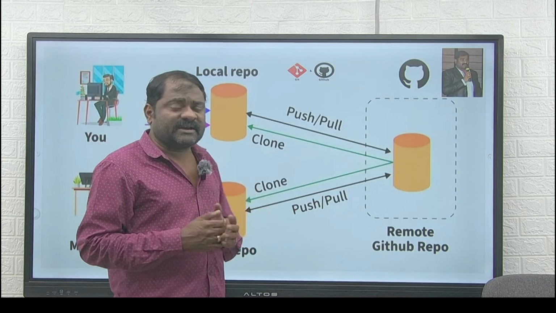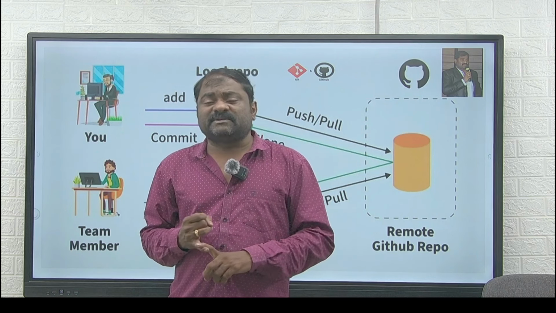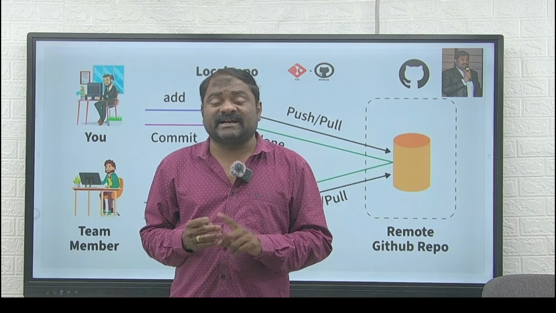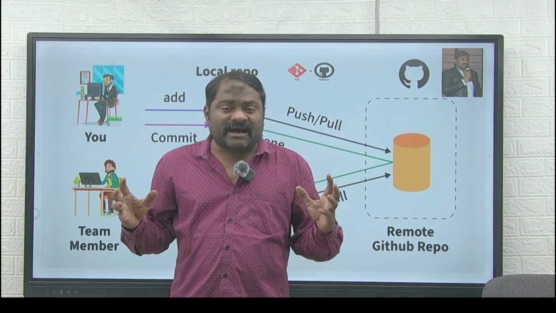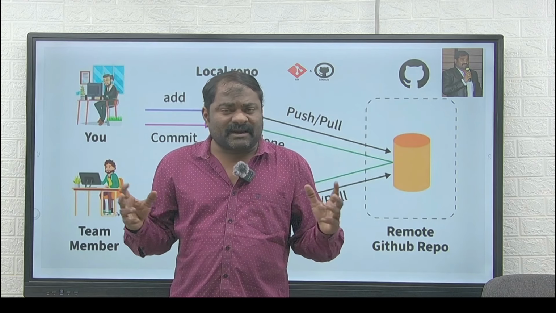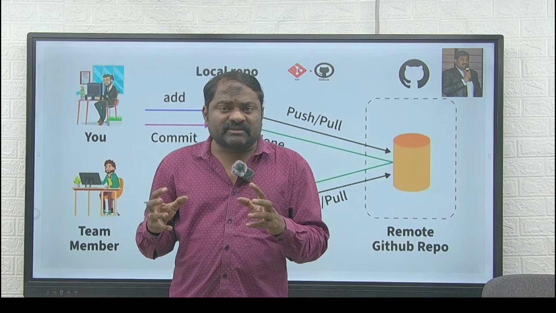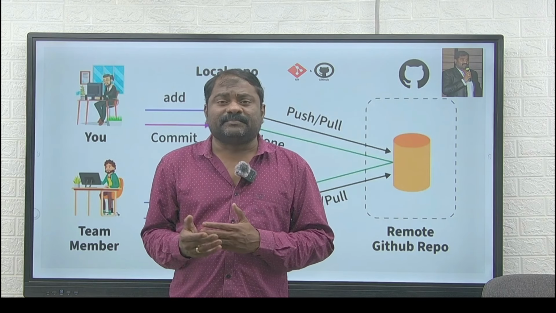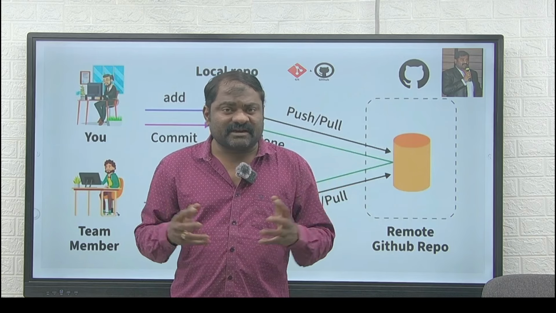In the software industry, when you are developing a project, multiple people are working: developers, designers, testers, data analysts, data scientists, business analysts, R&D team, sales team, customer support team. So how do they all work like a particular team? They are connected with each other via Git and GitHub.